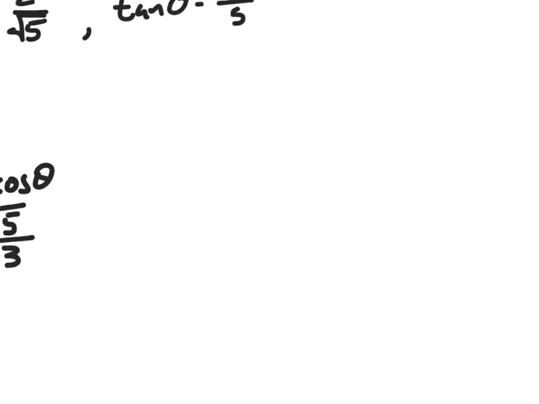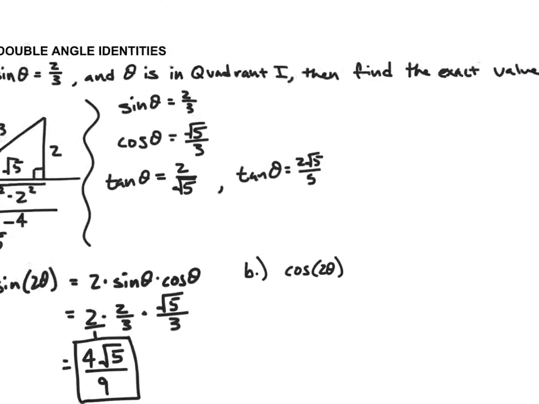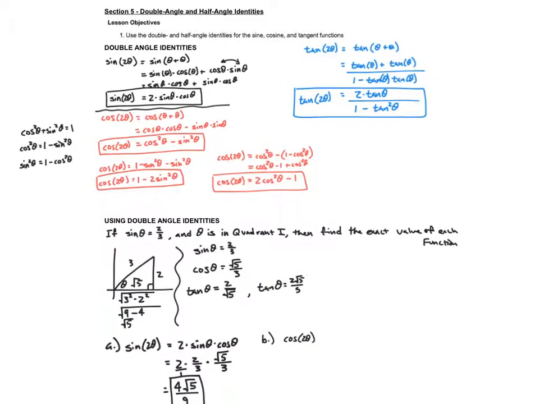But let's do it for the next one, part B, which is we're going to find cosine of 2 theta. Now, let's think about which one we want to use here. It doesn't matter which one we use. We can use any of these. Okay, we can do cosine squared theta minus sine squared theta, 1 minus 2 sine squared theta, doesn't matter. I'll use the original cosine squared theta minus sine squared theta for this.